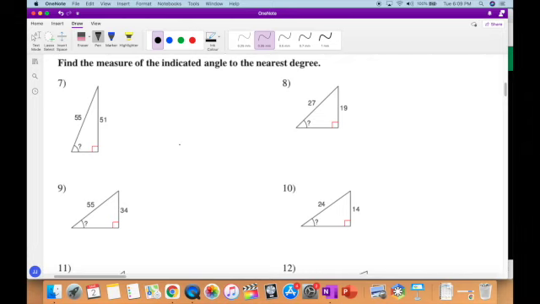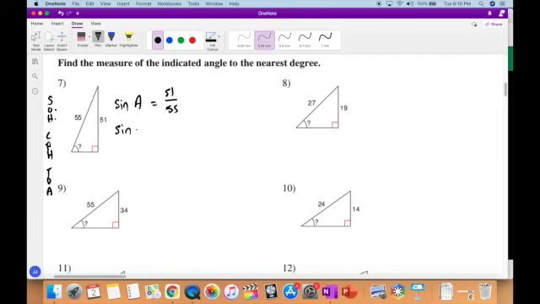So at the end of the day, it's all about identifying the sides. So as seen here, I want to find the angle. Let's call it the angle A. For the angle A, this is the hypotenuse, and this is the opposite. So we're talking opposite and hypotenuse. So the sine of that angle is equal to opposite, which is 51, over the hypotenuse, which is 55.